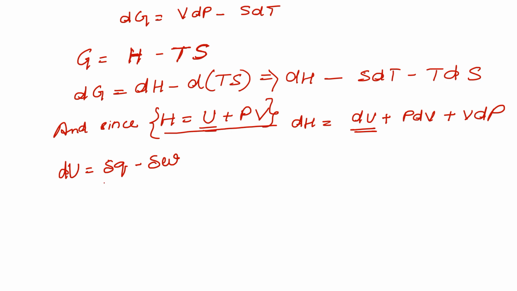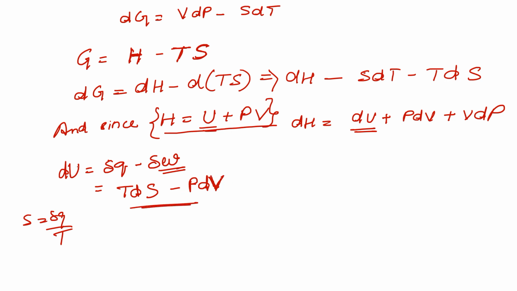And we know the relation between the entropy and the heat as dS is equal to delta Q by T, so delta Q is equal to T dS minus P dV. Now this work is the work that we do at constant pressure, so here we won't have a dP term.